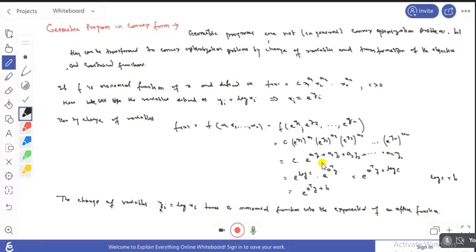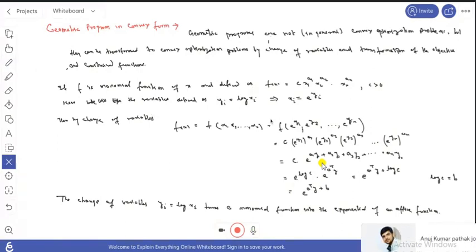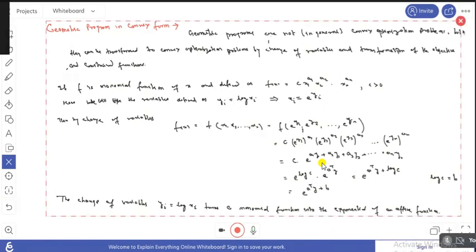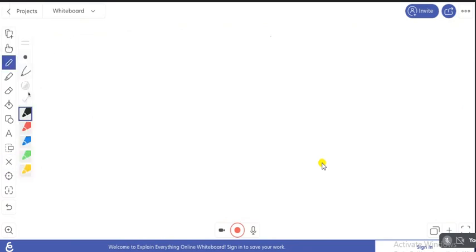Similarly, if f is a polynomial, that is, f(x) equals the summation over k of ck, x1 to the power a1k, x2 to the power a2k, up to xn to the power ank.